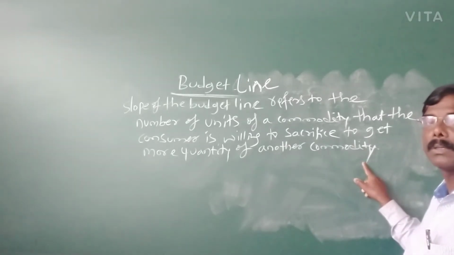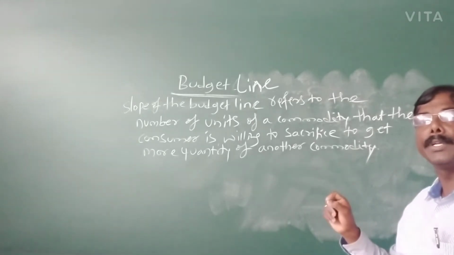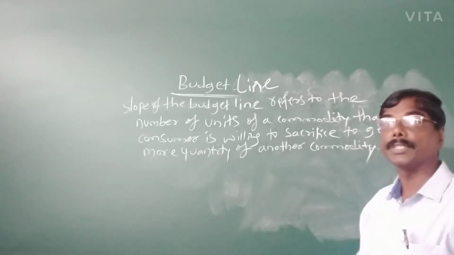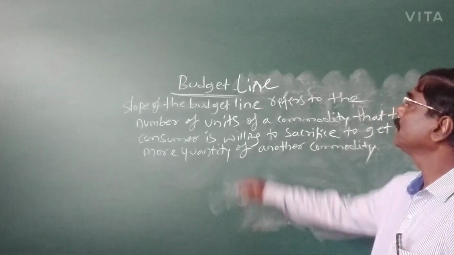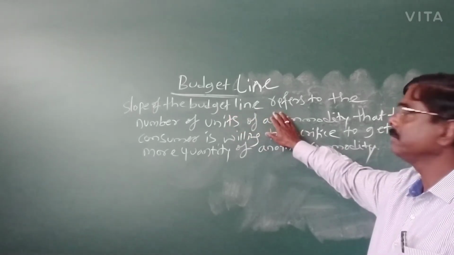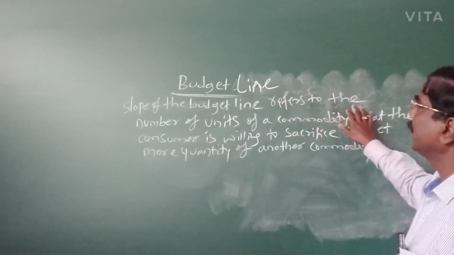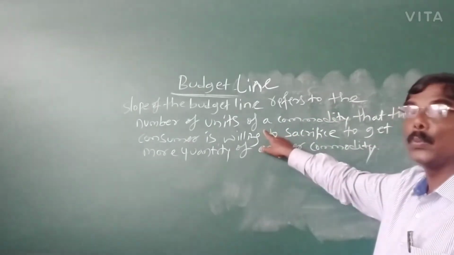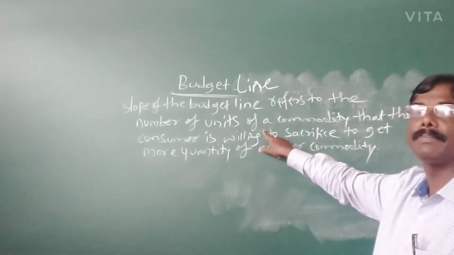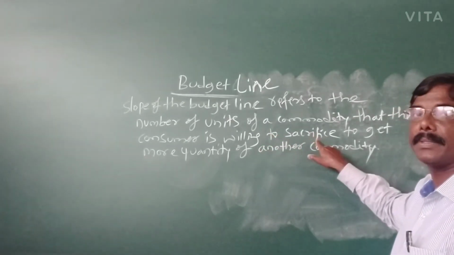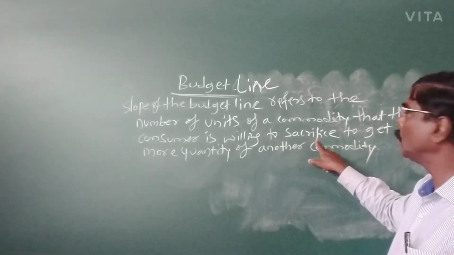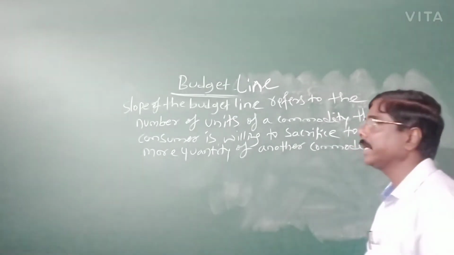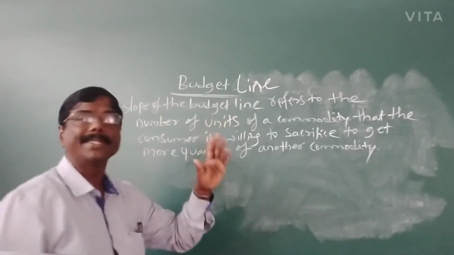It means to get more quantity of a commodity, he has to sacrifice the other commodity. How much quantity he is willing to give up to get more quantity of another commodity is known as the slope of the budget line.